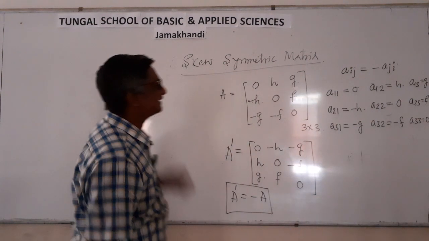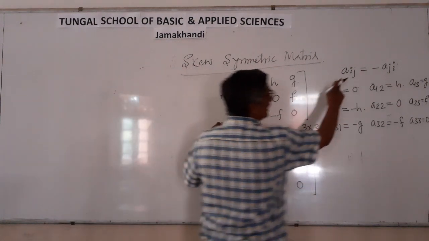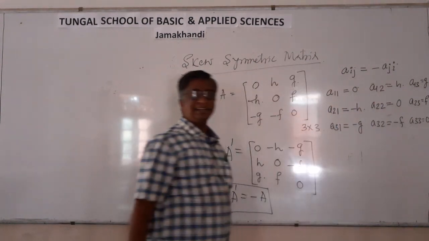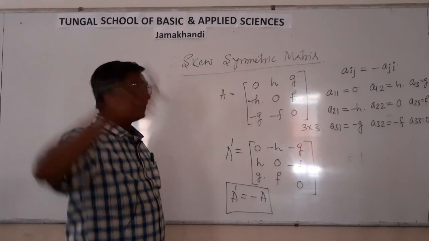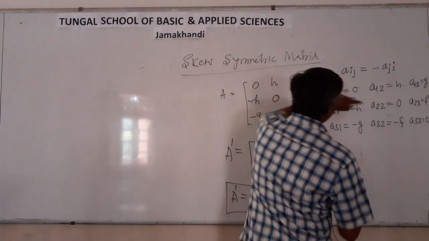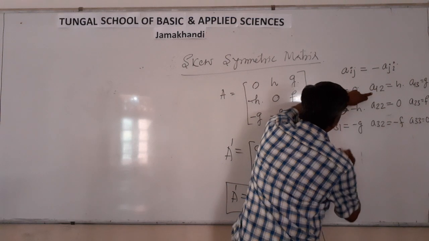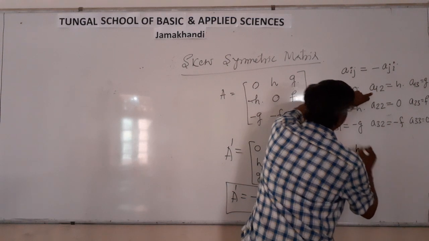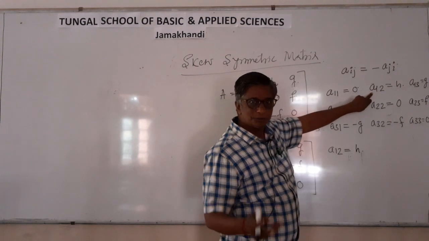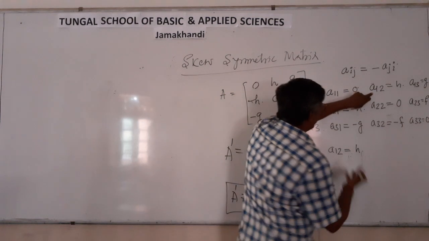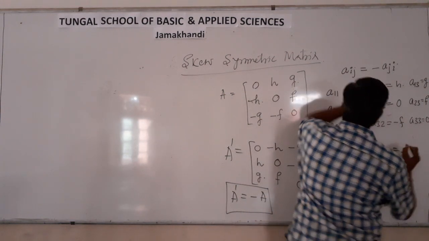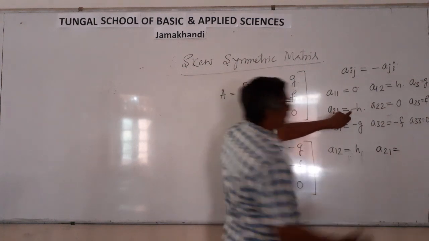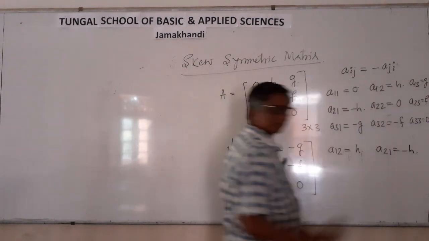Let us think here. Aij is equal to minus Aji. See, A12 is H. What about A21? A21 equal to minus H. Correct?